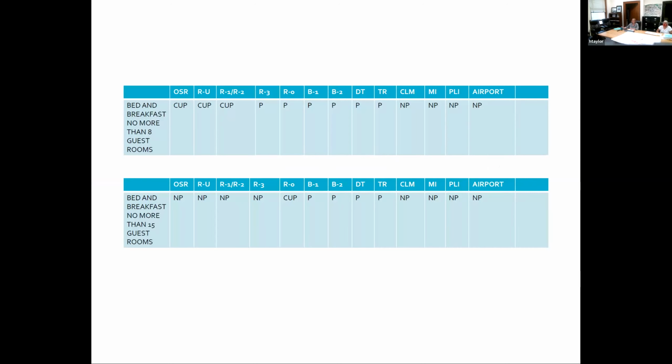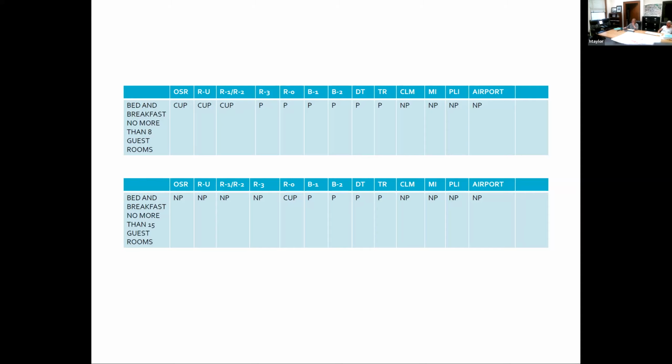So what our proposal is, instead of having the country inn definition, we broke bed and breakfast in the use chart down to no more than 8 guest rooms and no more than 15 guest rooms. So you can see in the comparison of these two charts, the no more than 8 guest rooms would be a conditional use permit in several of the lower density residential districts, but the larger bed and breakfasts would not be an allowed use in the less dense residential districts.